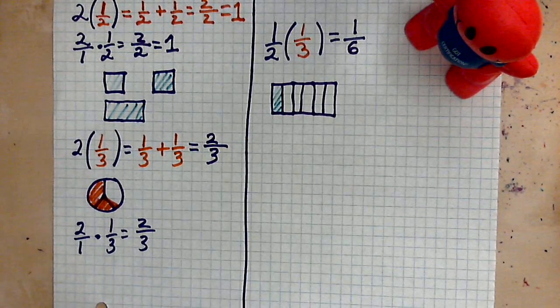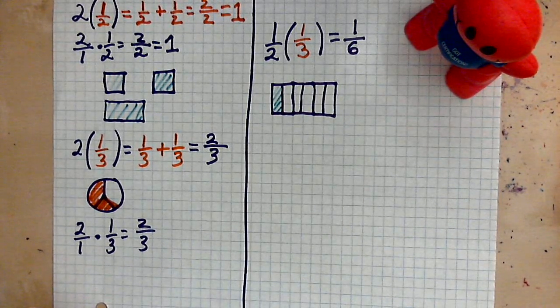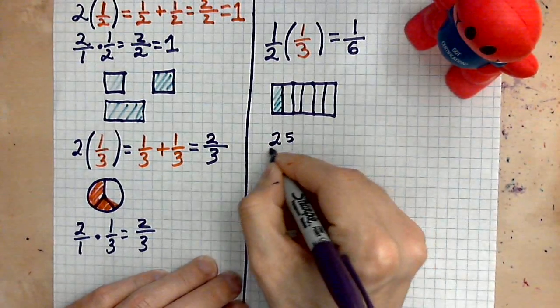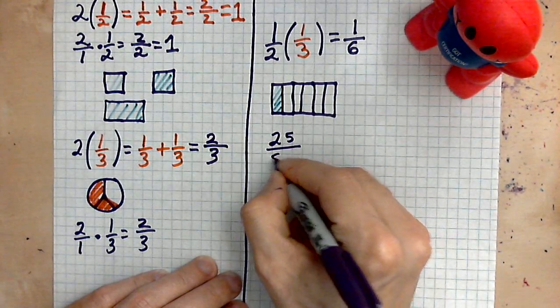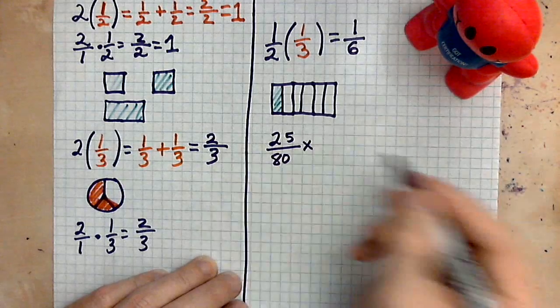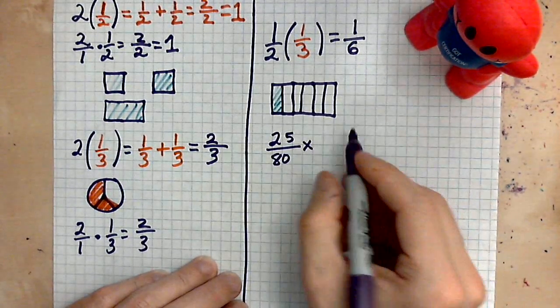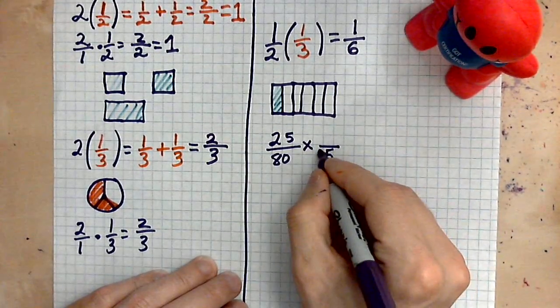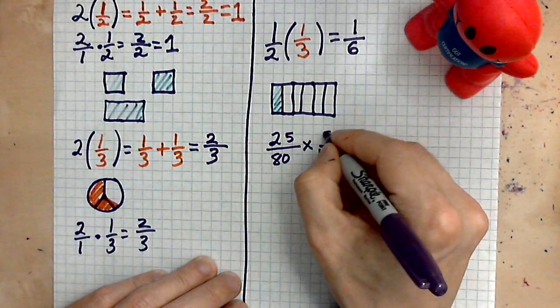And sometimes it might be possible to cancel common factors. So let's take a look at a more involved example of something like this. Say we have 25 out of 80, and we are multiplying by something like 15 over 8.